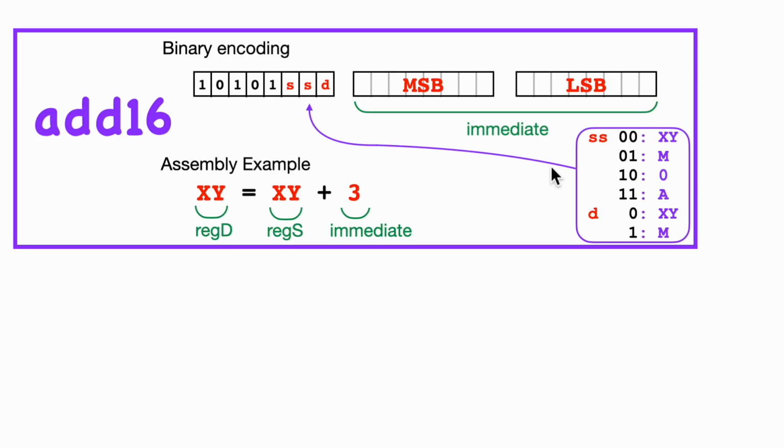This instruction can be used in a number of ways. It can be used to initialize one of the 16-bit registers, or it can be used to increment or decrement one of these registers, or it can act as a move between one register and another register.